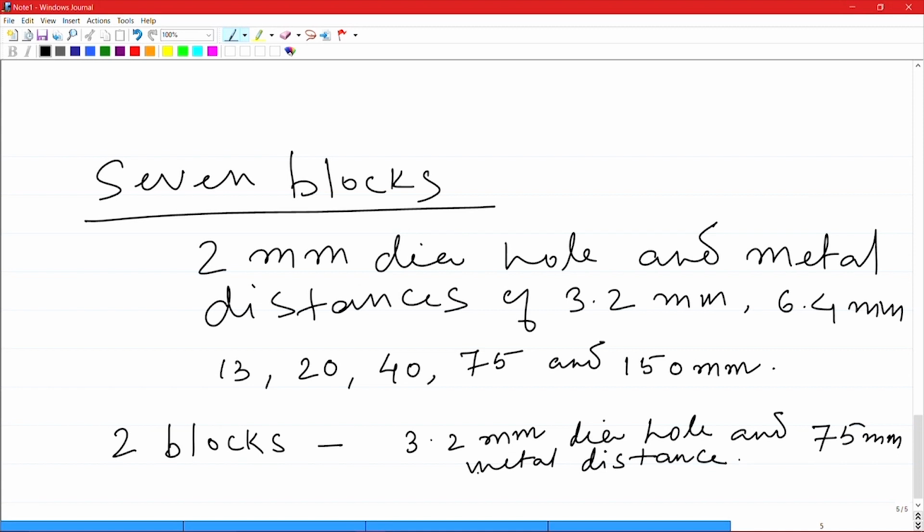And the second one is having the same hole, that is 3.2 mm diameter hole, but the metal distance in the second block is 150 mm. Okay, so this is how these 10 blocks have different combinations of metal distances and hole sizes also, and these blocks can therefore be used for both distance calibration as well as area calibration.